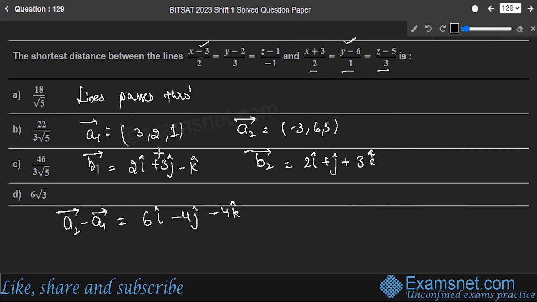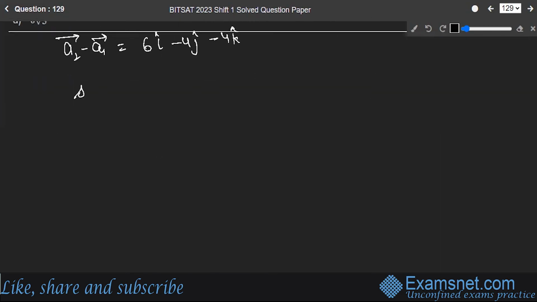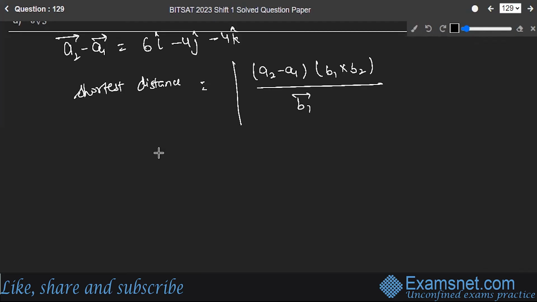And the shortest distance is given by the formula (A2 minus A1) dot (B1 cross B2) divided by the magnitude of B1 cross B2.